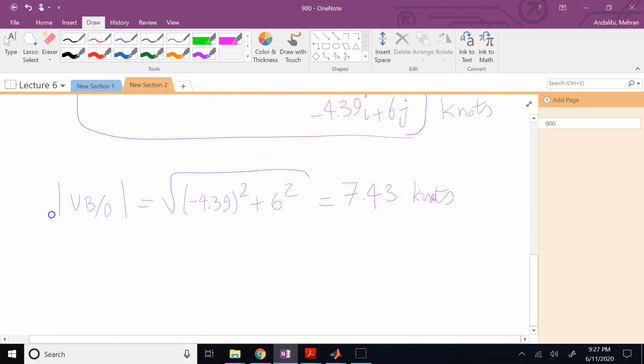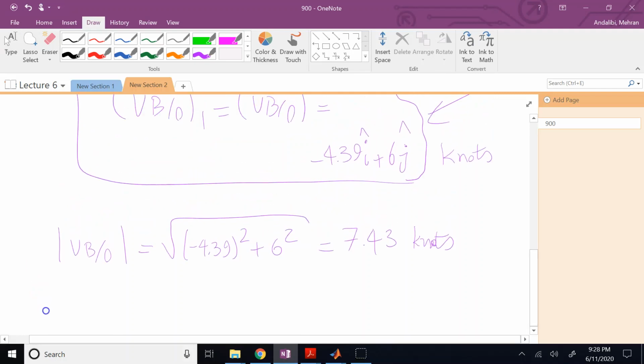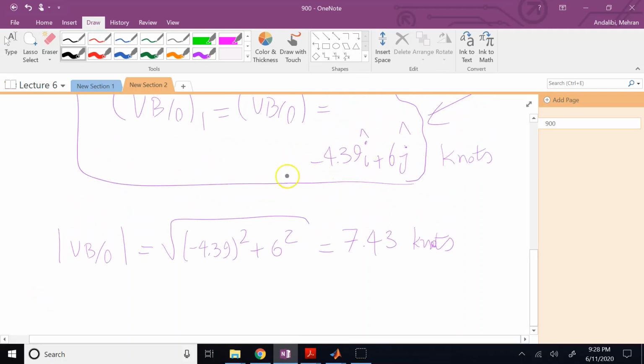So this is the magnitude of velocity of wind with respect to the ground, and then the direction of it, since it's negative I and positive J, right? So it looks like this. Negative I and positive J. If we want, we can measure the angle of it with respect to the north direction.